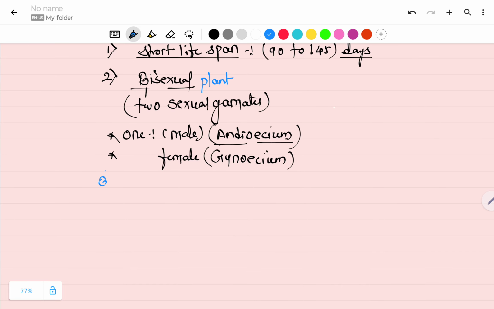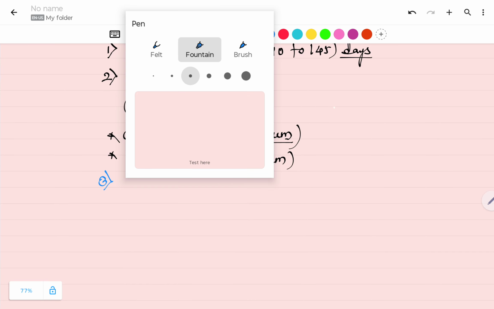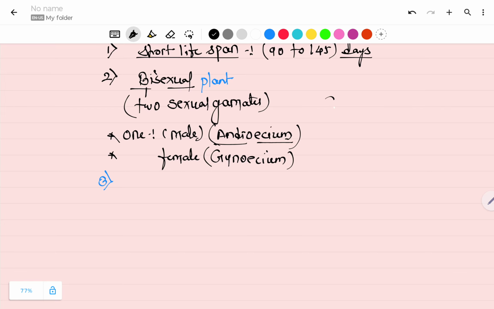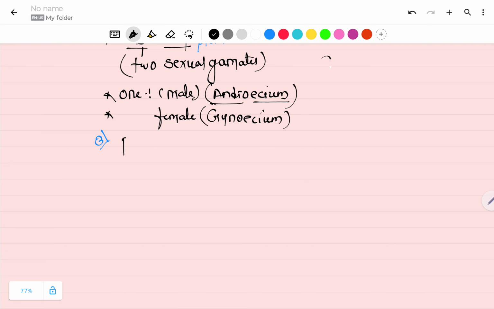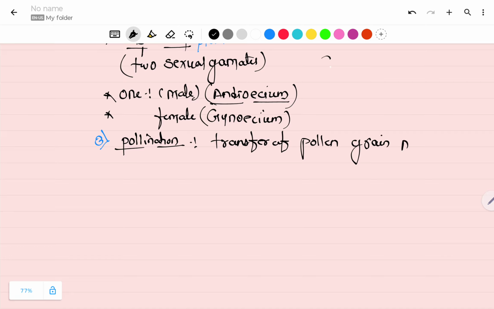Now the third characteristic: the plant shows pollination. What is the meaning of pollination? Transfer of pollen grain from the anther to the stigma is called pollination.